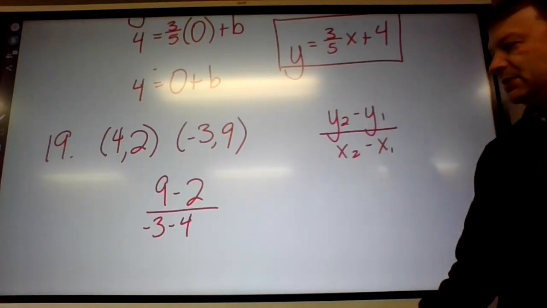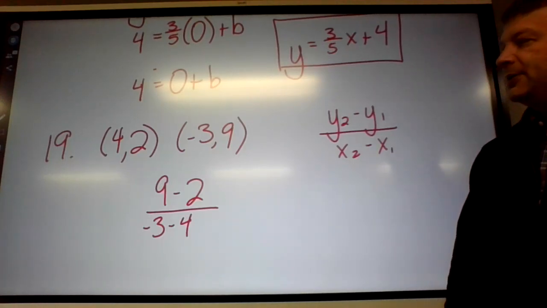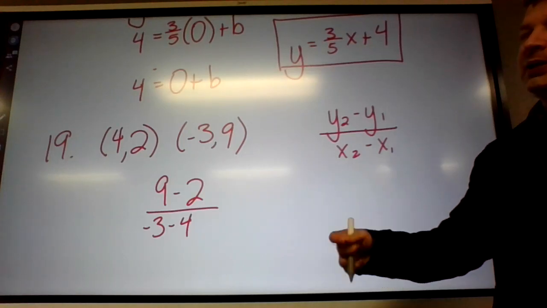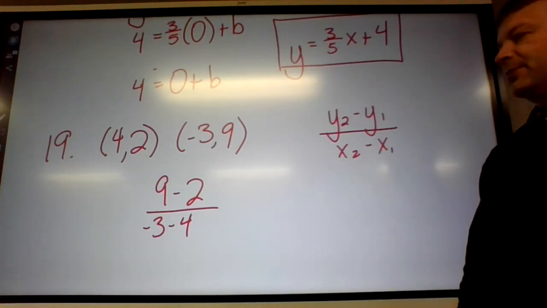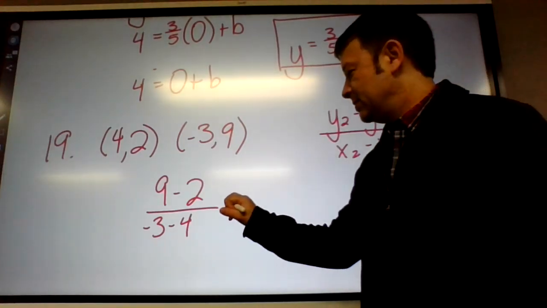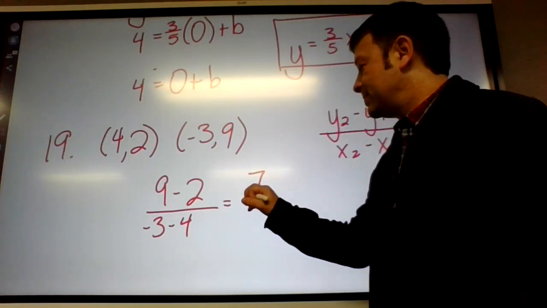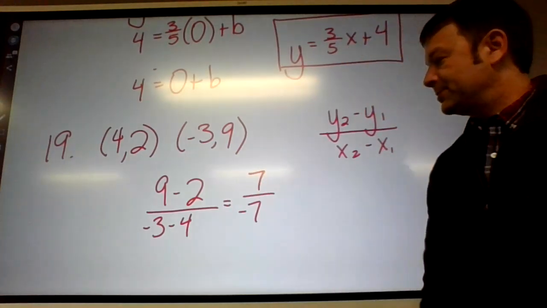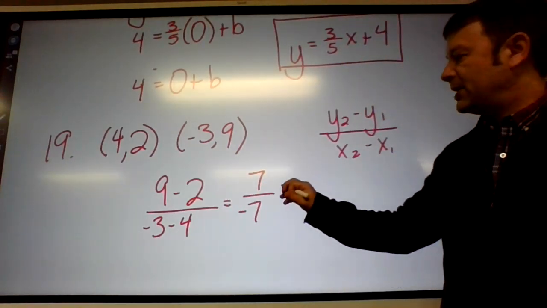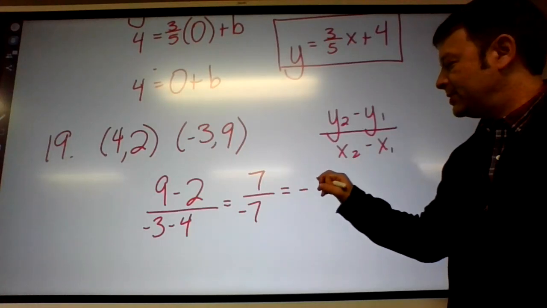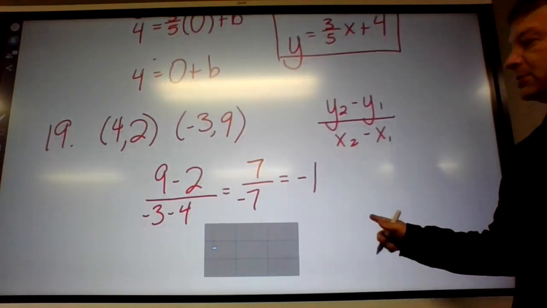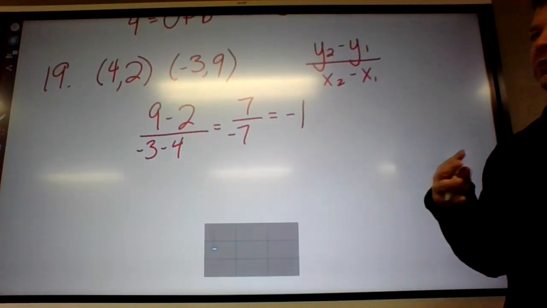Usually if people get these wrong, it's because of the minus and a negative. 7 over negative 7 is negative 1. Okay, so that's our slope.